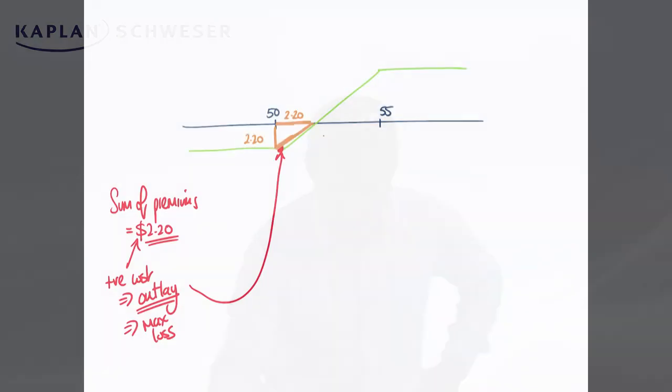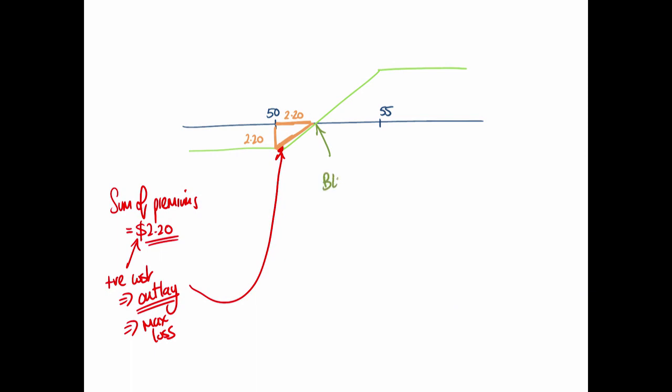It's that golden triangle rule that we've been using a lot. Horizontal distances are the same as vertical distances, because all of these triangles are right-angled 45-degree triangles. So that gives me my break-even. Where I cut the x-axis is 50, the low strike, plus my net premium, 220. So that's 52.20. That's my break-even.